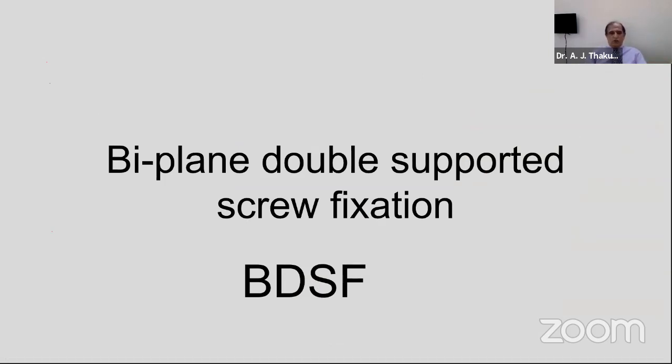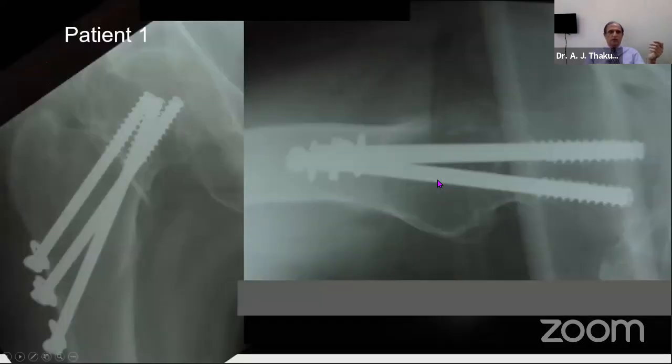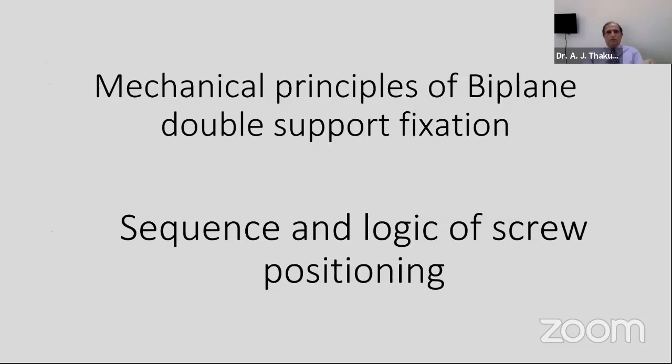So this is a new method which has come up, biplane double supported screw fixation, BDSF, for a transcervical fracture. Three screws, two are parallel, one goes vertical like this. We'll see how it works. Another patient, same way, AP and lateral.